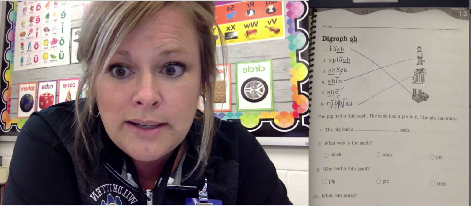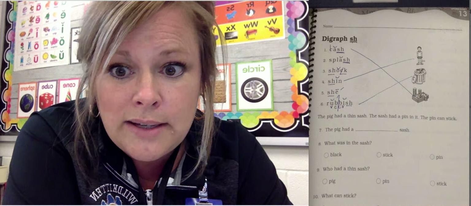I do see that SH digraph, and I see a short A. Putting all those sounds together from the beginning, splash. The word is splash. Plus, if you were reading this in a book, this word would be in a sentence and it would make a lot more sense. So we coded that word. I don't see a picture that goes with that word, so we're going to keep on going.